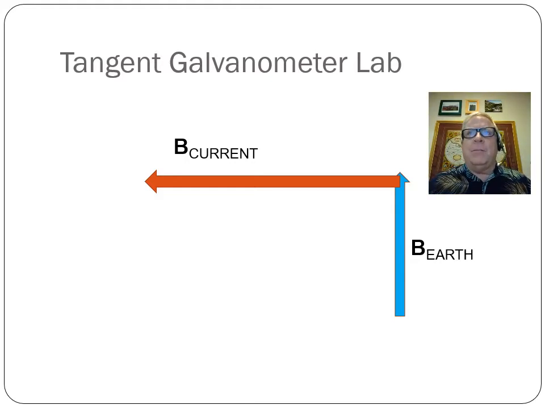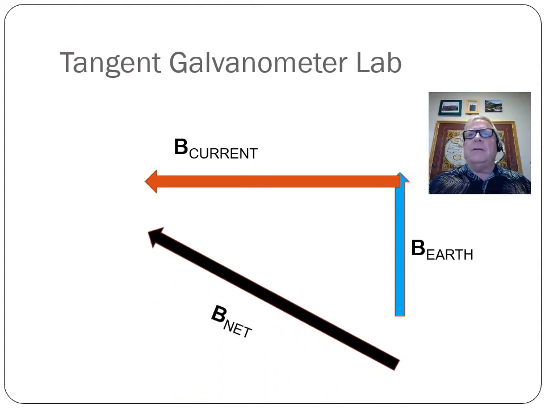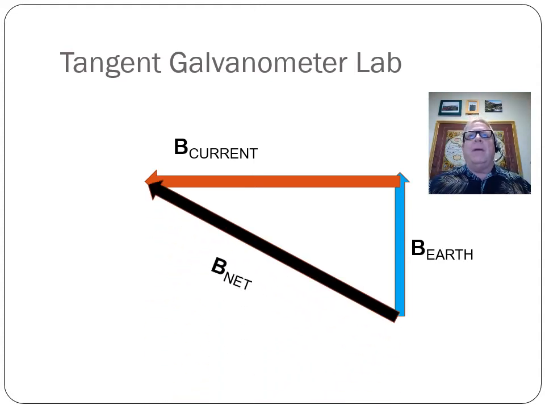And if we have two perpendicular vectors and they are making a net magnetic field, well, that's my net magnetic field. And the direction of that is going to be sufficient to tell us what the magnetic field caused by the current was, if we know the magnetic field of the Earth.